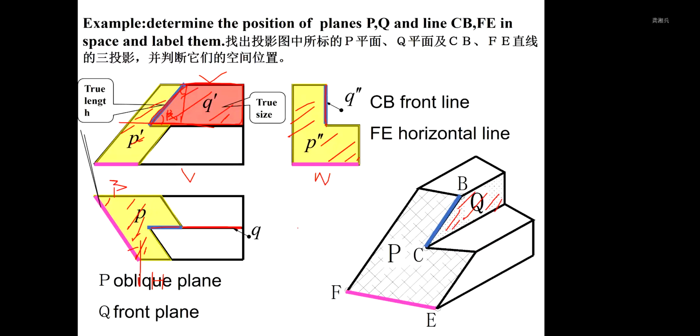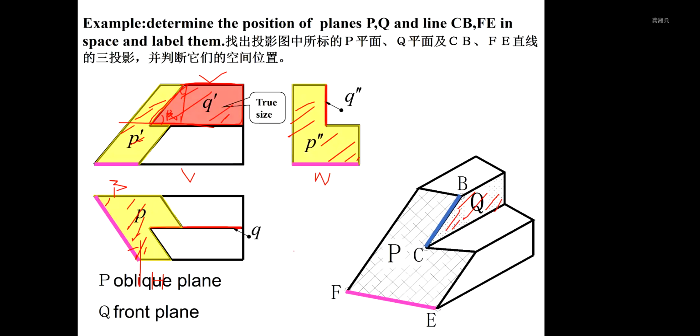So in these two questions, just to show you, in our buildings most of the lines and planes are specialized spatial lines and planes. For specialized spatial planes, the most useful thing is that we can get the true size and true angle from only one of the projections. So this is very convenient.